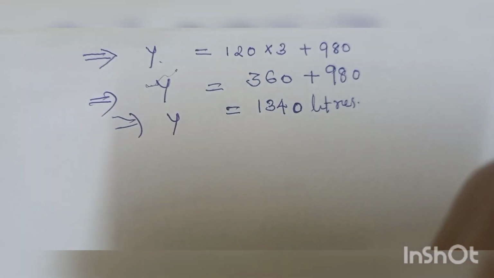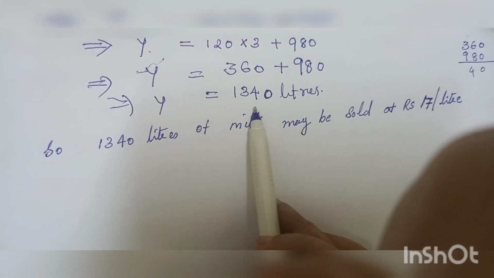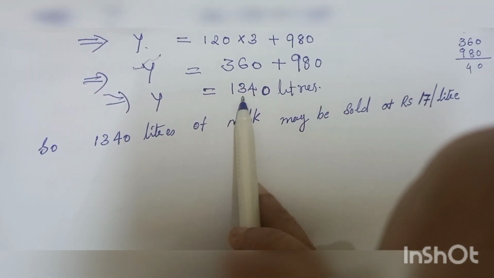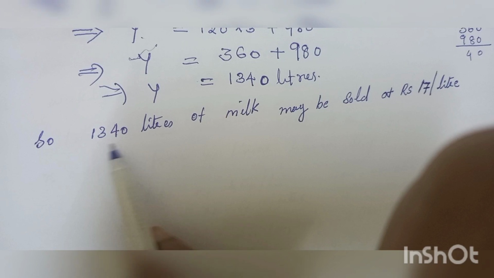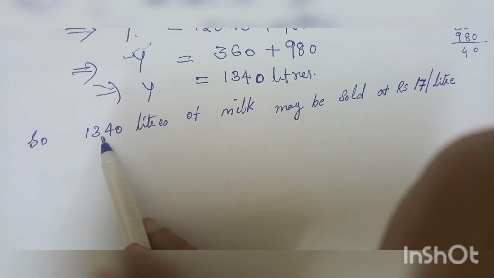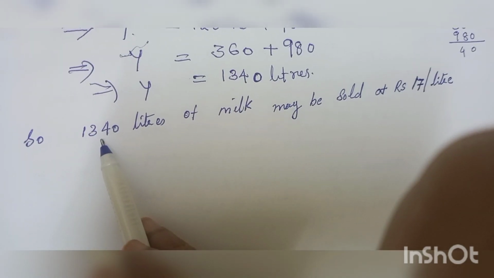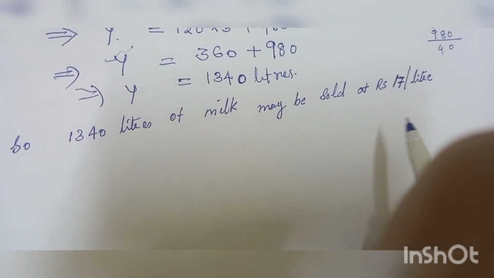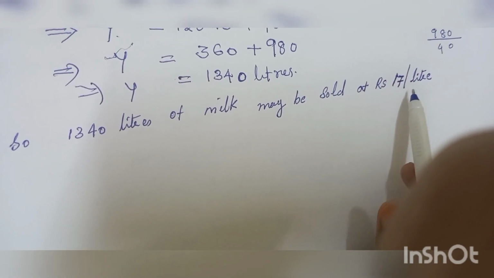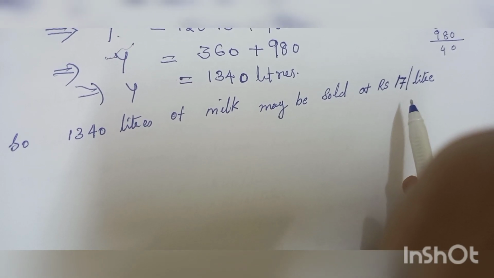After simplifying, we get 1340 liters. So we can say 1340 liters of milk may be sold at rupees 17 per liter.